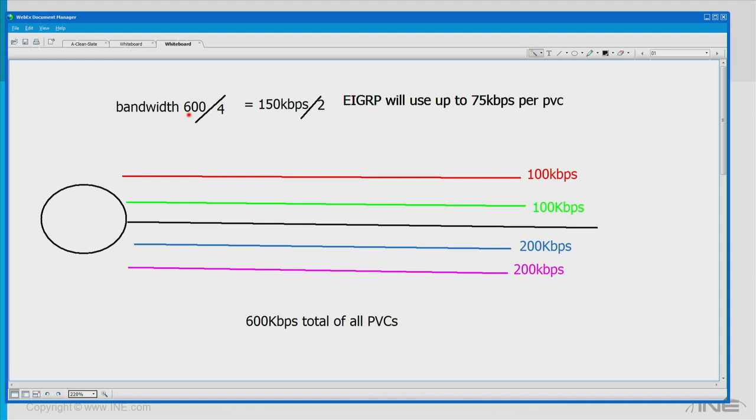Then EIGRP divided that by the total number of PVCs, which was 4, coming up with 150. Then, divide that by 2, I get 50% of that. EIGRP said I can now have up to 75 kilobits per second per PVC.